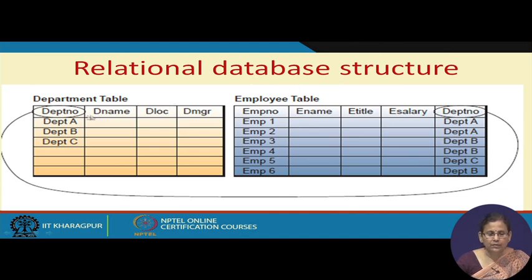A relational database keeps the information about the entities in table format. If you look at it, it is a two-dimensional format, in which, as we learned, the basic elements of keeping the data are the files. So, each table is a file which in turn contains the records and each record contains the fields.